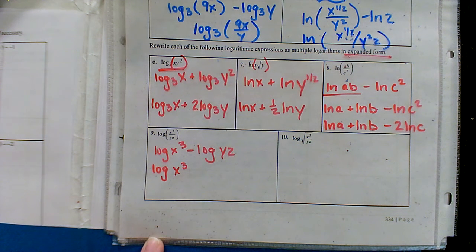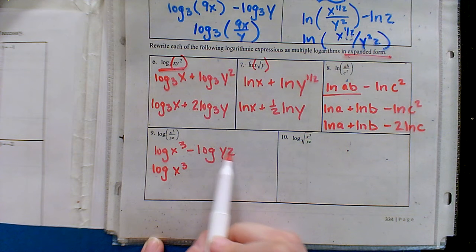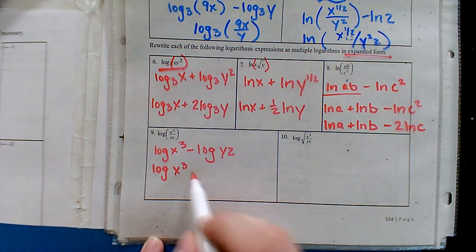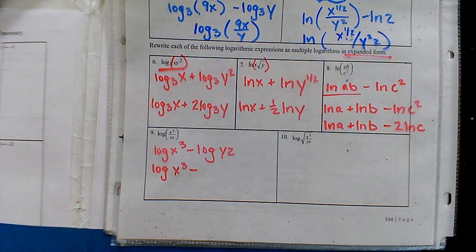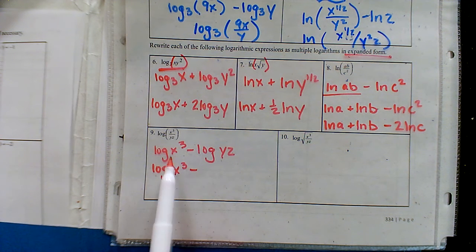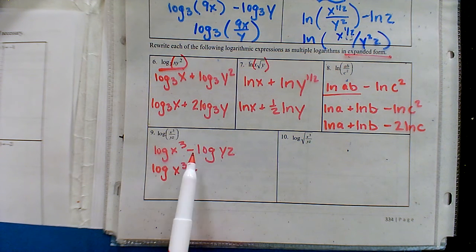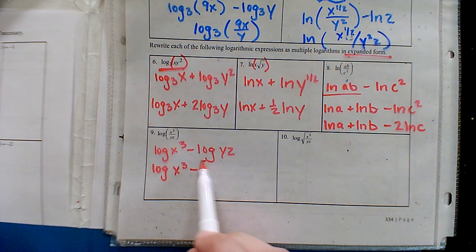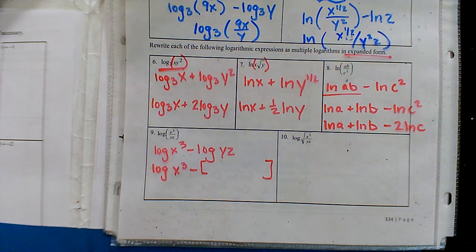Okay, so you said minus, which you are correct, but if you're multiplying 2 things together, how do you break it up? You add them. Okay, so you said minus, which it's actually going to turn into a minus in a second. This is what's a little tricky, okay? In this first line we wrote here, notice how we're subtracting this entire log. So if we expand that log, we should be subtracting whatever that expansion is.